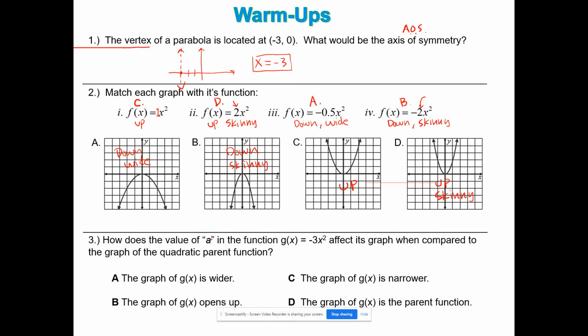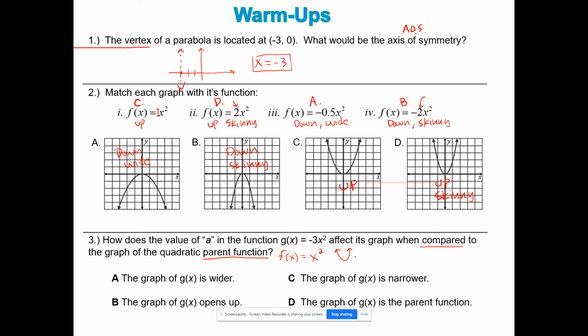This one's asking what the value of a does in this function compared to the parent function. The parent function I'm going to label as f of x equals x squared. Remember the a on this one, there's a hidden 1. So the parent function looks like this.